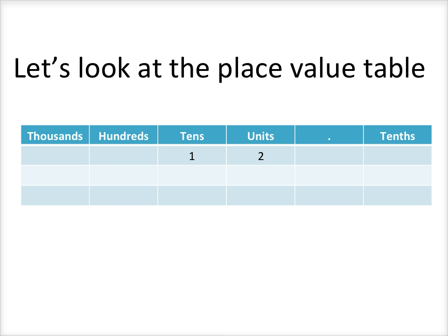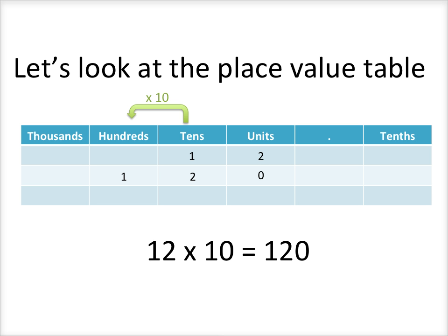If I make this number 10 times bigger, both those values are going to move up one place in the place value table. Again, we use 0 as a placeholder. Let's put it in there. Now, when I write my multiplication equation, I can say that 12 times 10 equals 120.